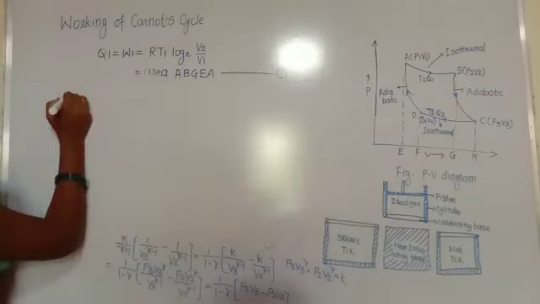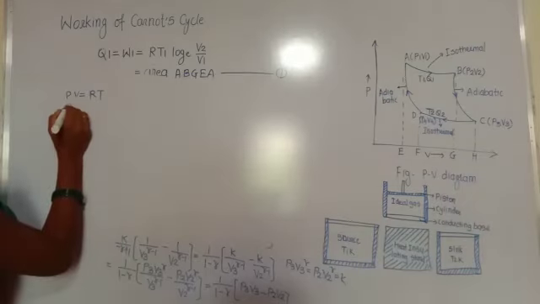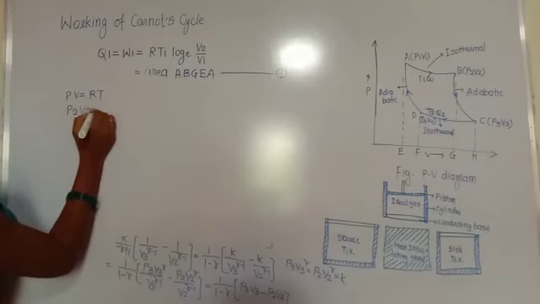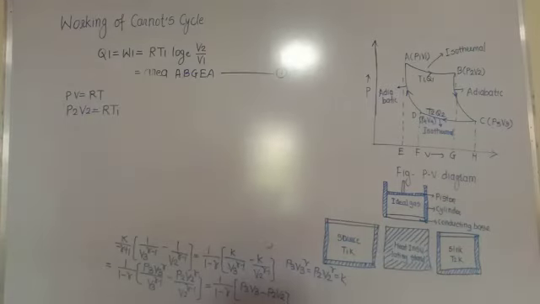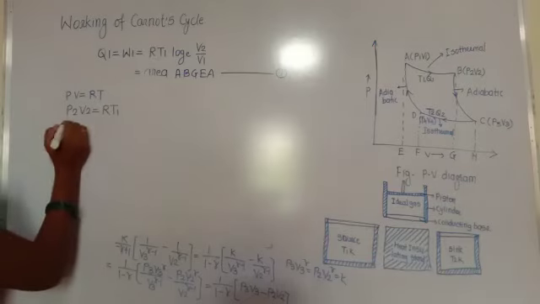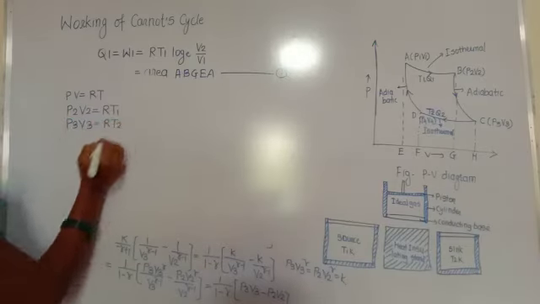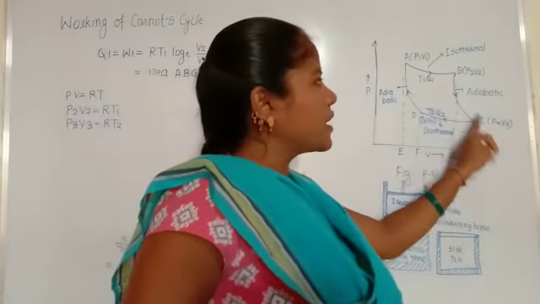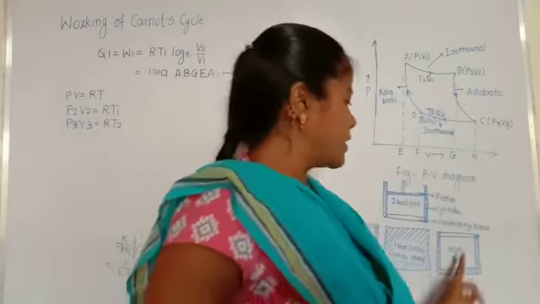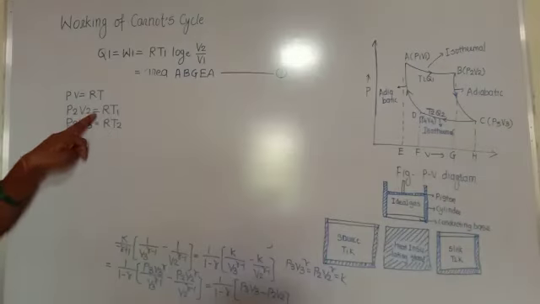but we know that according to the ideal gas equation PV equals RT, okay. Therefore P2 V2 equals RT1, and P3 V3 equals RT2, because here in P2 V2 the temperature is T1, and in P3 V3 the temperature decreases to the same sink, so that's why we take T2.